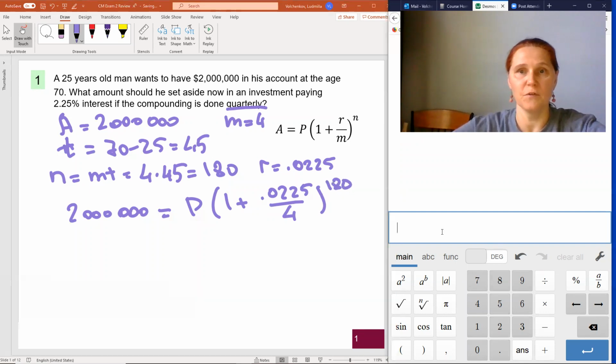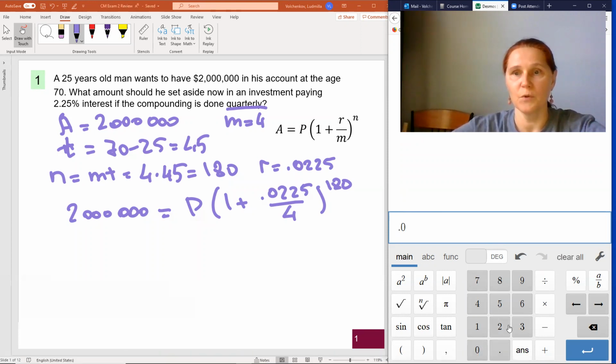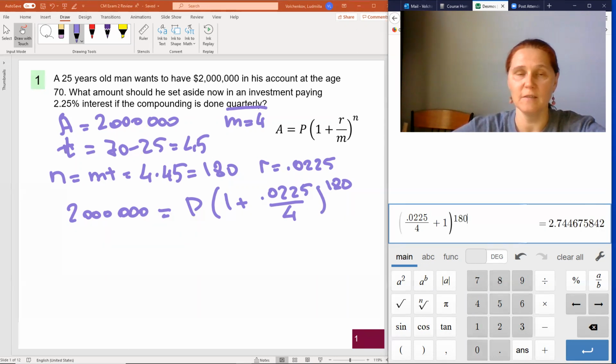So let us find the value of this expression on the right. 0.0225 divided by 4. Then we must add 1. Then raise it to the power 180.